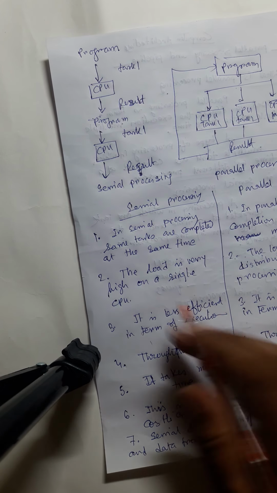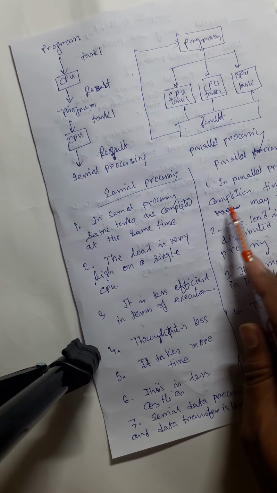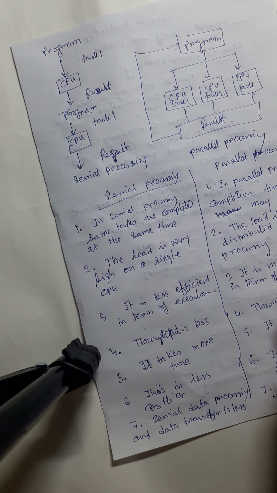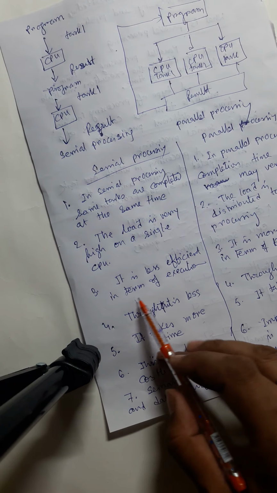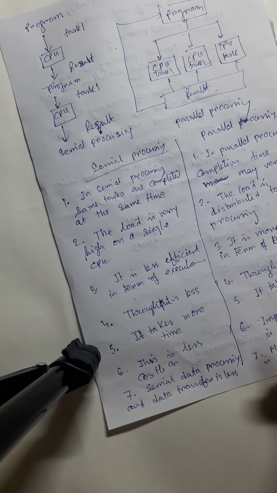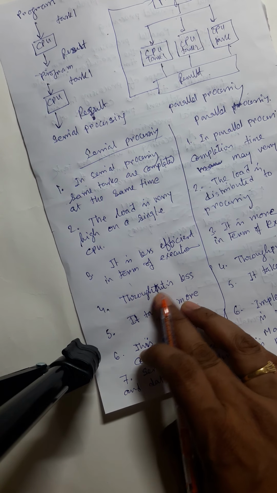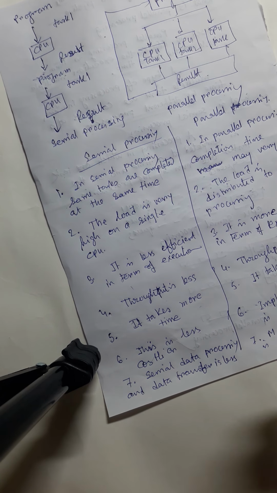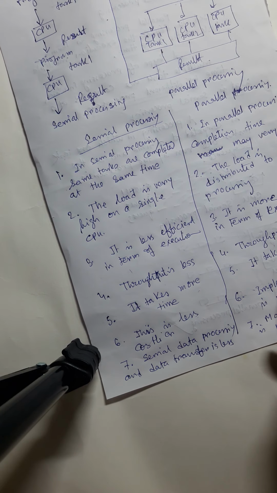This concept is given in a difference format. In serial processing, the same task is completed at the same time; in parallel, different tasks are completed at the same time. The load is very high on a single CPU in serial, while in parallel the load is distributed to many processors. Serial is less efficient in terms of execution; parallel is more efficient. Throughput is less in serial; throughput means the number of tasks executed per unit time. In parallel, throughput is high. Serial takes more time, parallel takes less time.